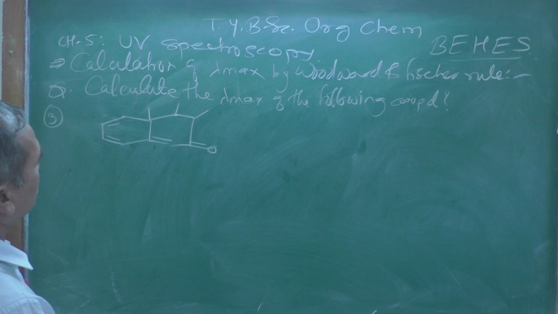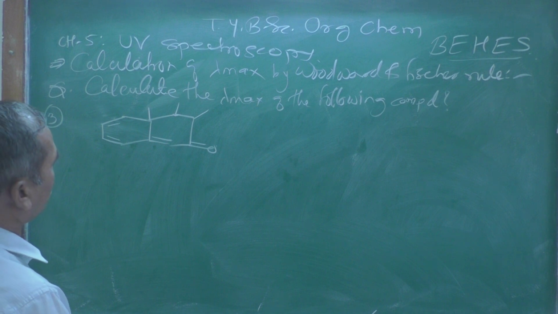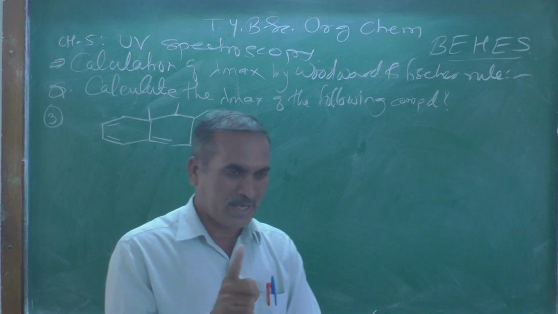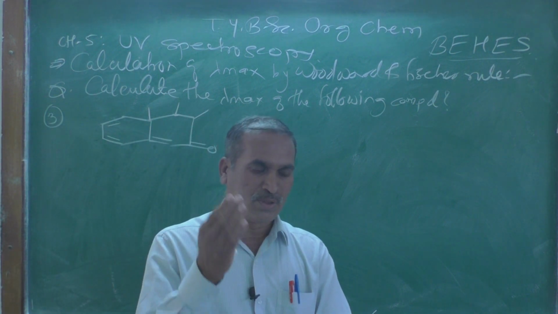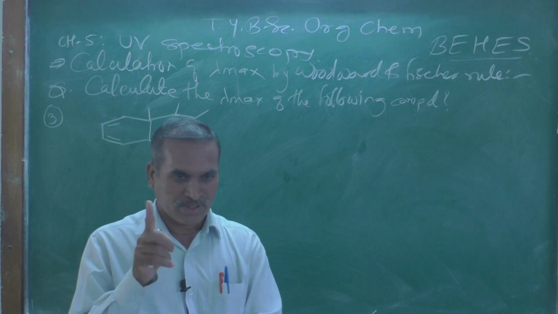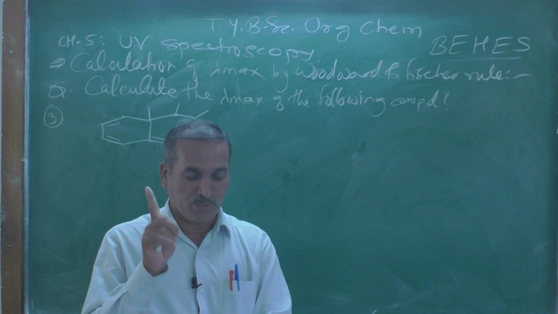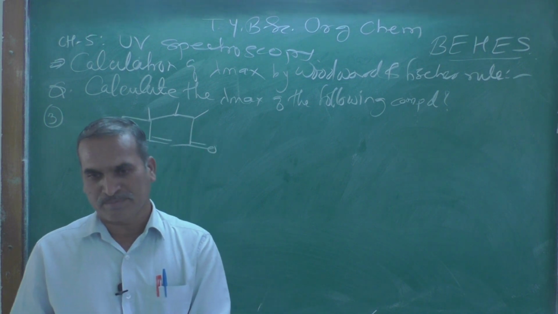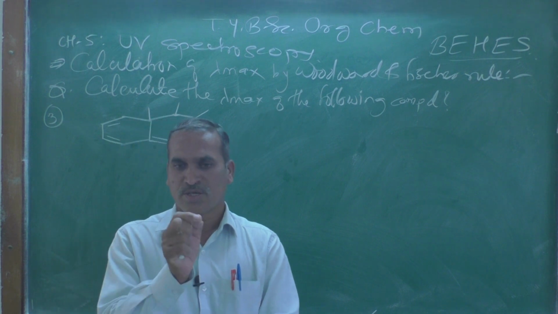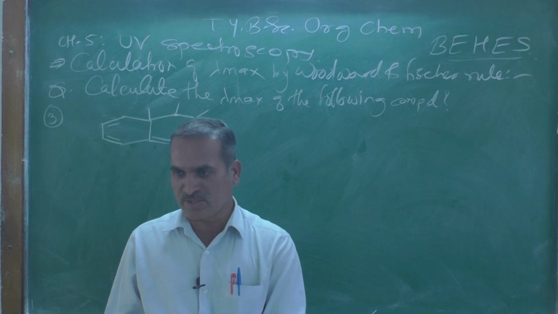Now, first of all, by knowing your previous knowledge, can you tell me which type of system is present here, whether it is an enone system or a diene system?